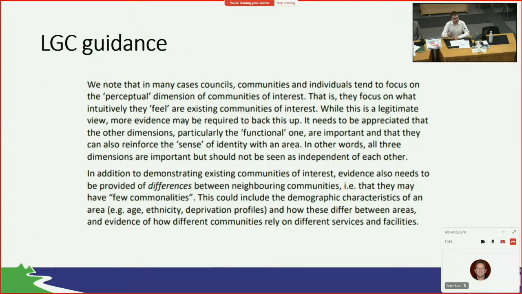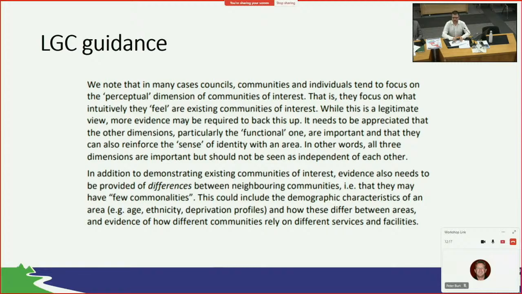Secondly, I don't expect you to read all of this, but just to note this from the Local Government Commission, because this appears in almost all of their determinations, noting that the 3 characteristics are interdependent, they do relate to each other, and it's important that elected members go beyond what may intuitively feel is a community of interest, that they tease it out, that they understand what the differences are between distinct communities of interest rather than just necessarily commonalities, if that makes sense.